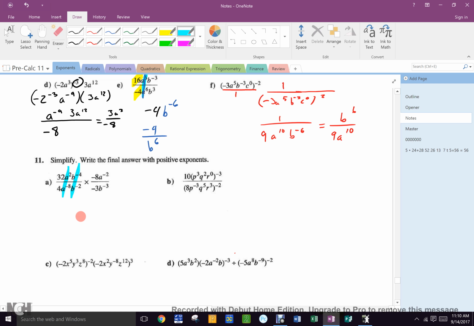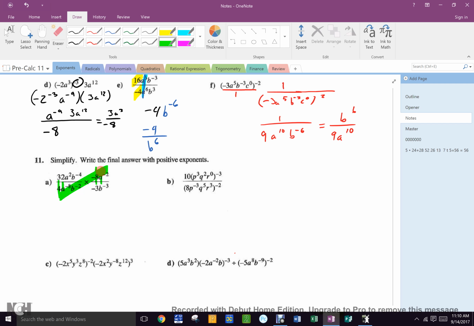Could you have done something with the 4 and the 8 and the A and the A going acrossways? Is that allowed? Sure. Is there anything wrong with that approach? No.